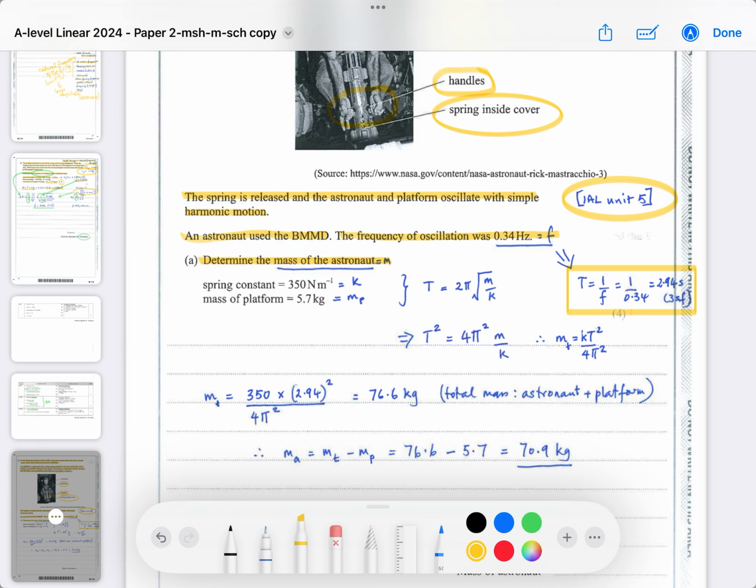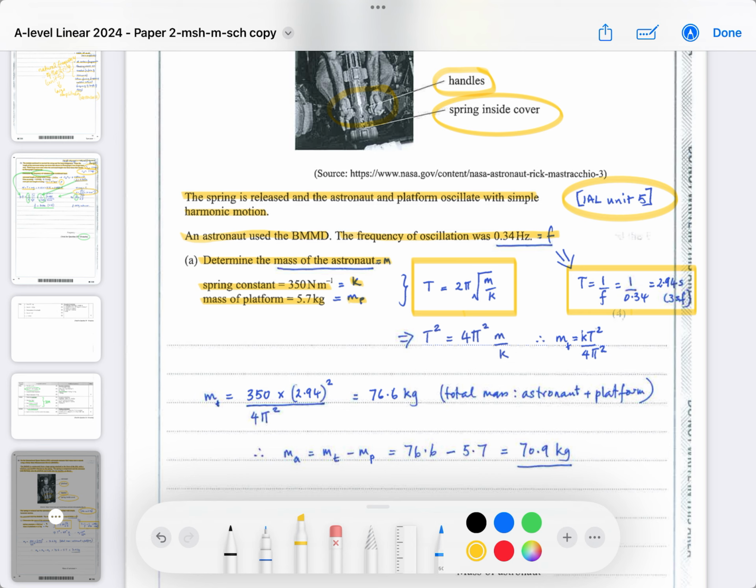The mass of the platform is already 5.7 kilograms, so that's going to be part of the mass that's oscillating, and the spring constant is given at 350 newtons per meter, so we know k and we know the mass of the platform. Now this mass in this equation, which is the spring mass system, will be the total mass.